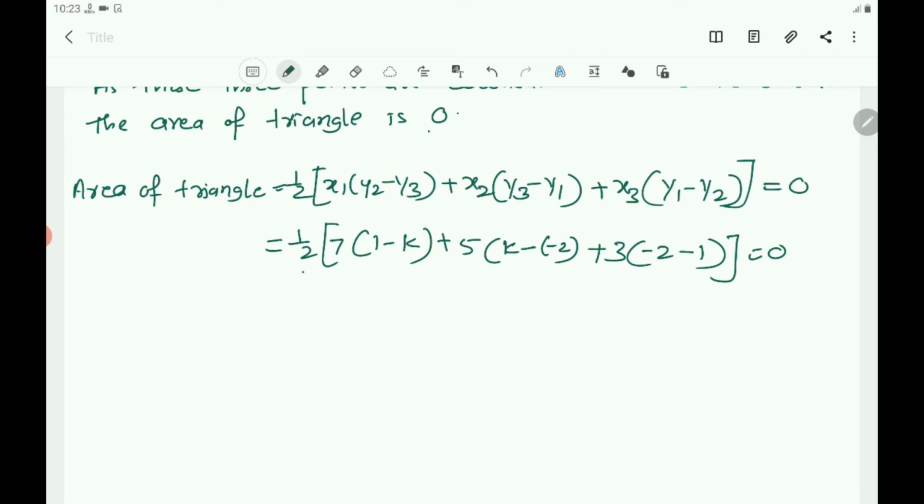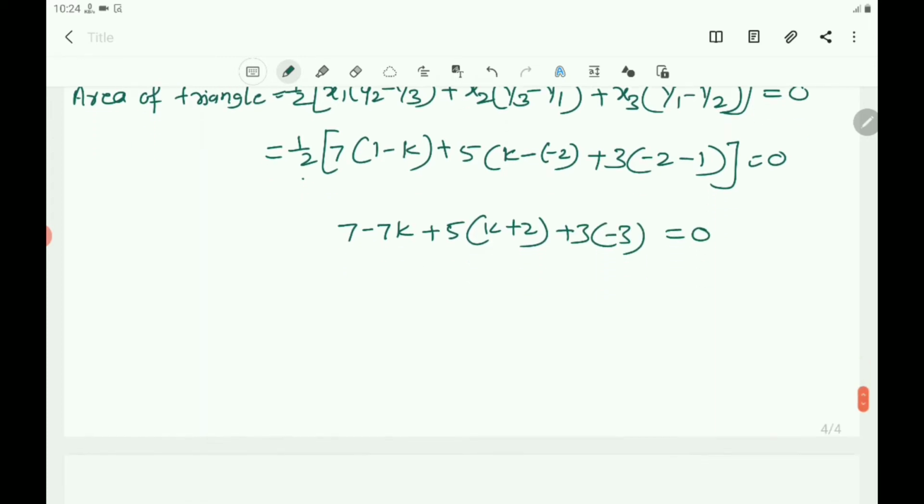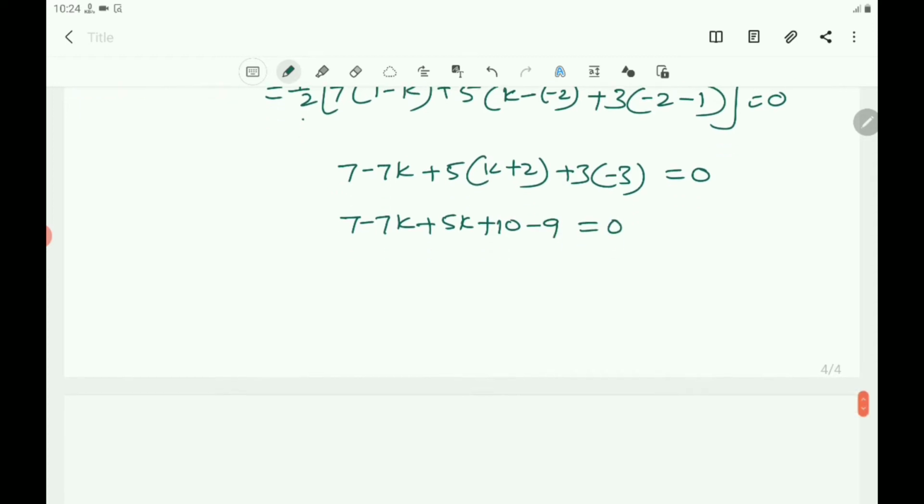So you write, multiply this: 7 into 1 is 7 minus 7k plus 5 into, that is nothing but, k plus 2, plus 3 into sum of this minus 2 and minus 1 is minus 3, equals 0. Then you write 7 minus 7k plus 5k, 5 into k is 5k, plus 5 into 2 is 10, 3 into minus 3 is minus 9 equals 0.